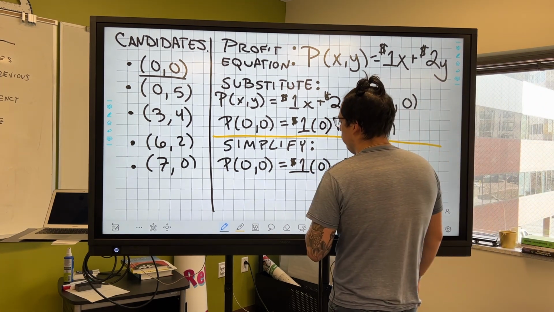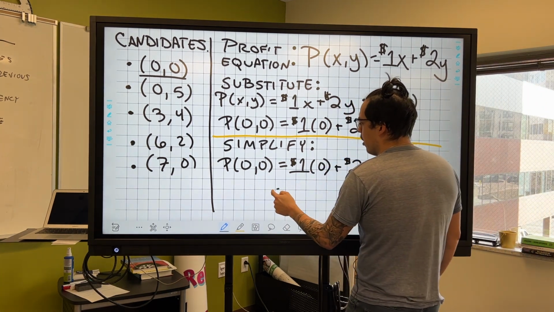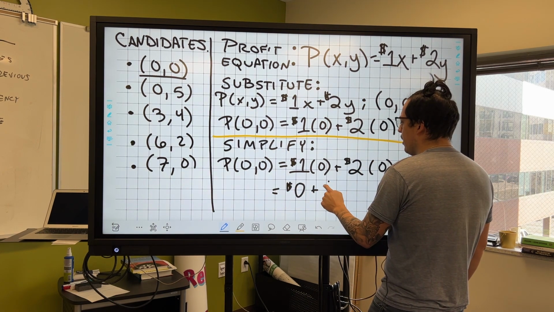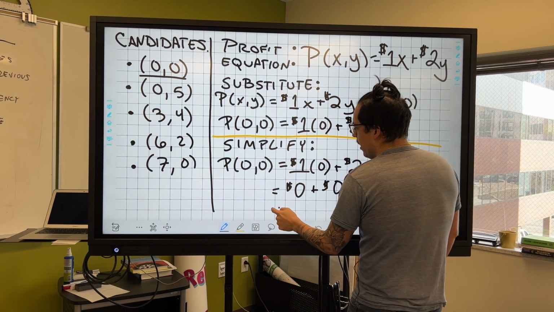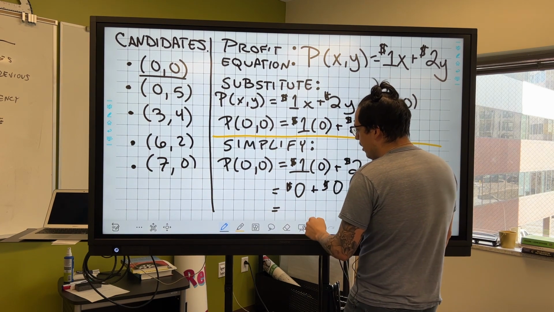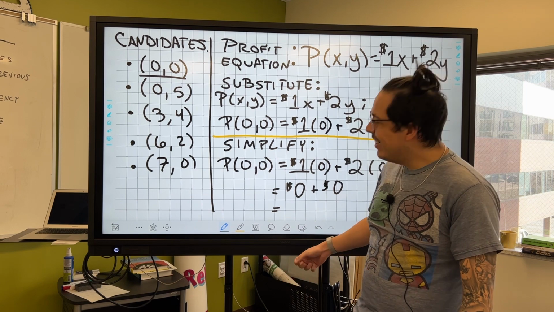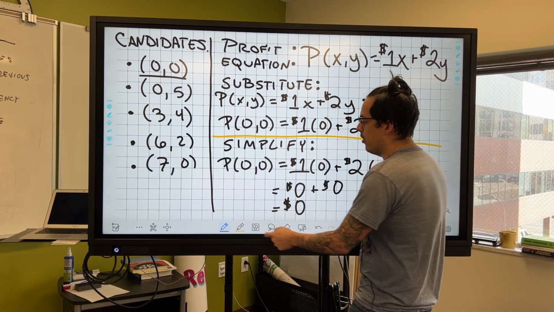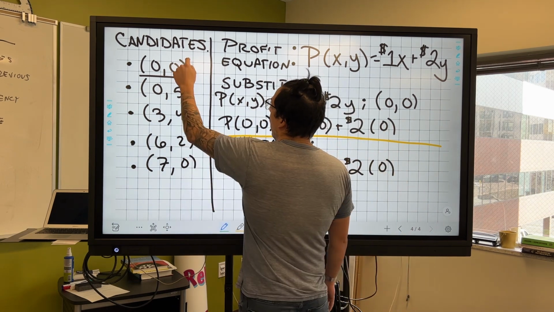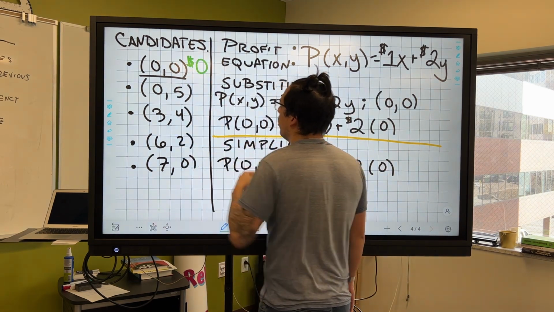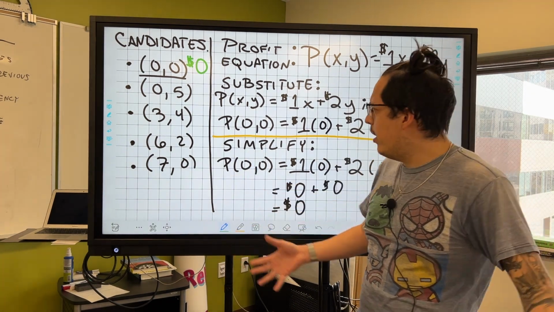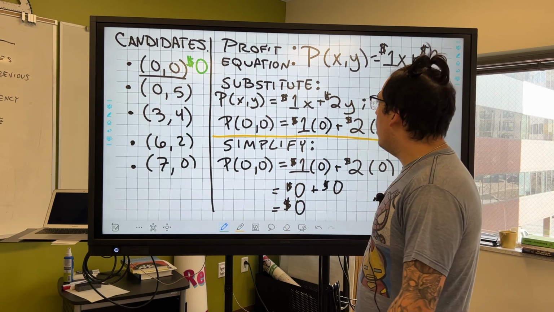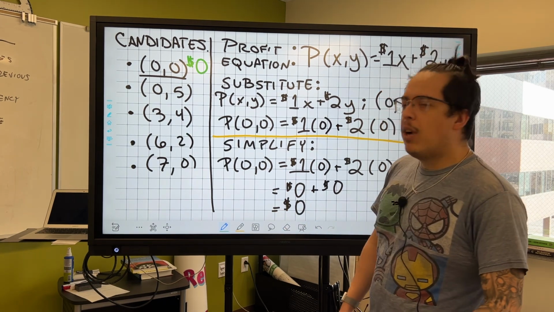And now, 0 times $1 is $0. 0 times $2 is $0. And no money plus no money, if I got nothing and I get nothing, I still have nothing. That's $0. So we know the profit when Otto doesn't make anything is $0. And that makes sense with reality, right? If you don't make anything to sell, you can't sell anything, you can't make any money. Pause if you need to.